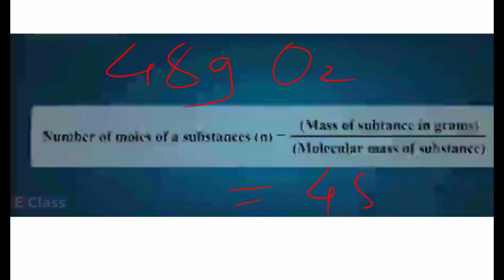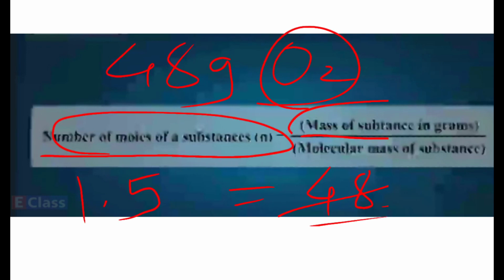We write 48, because that is the mass of the substance in grams, divided by the molecular mass. Now what is the molecular mass of oxygen? Just now we have seen in the previous slide, it is 32. So 48 upon 32, 16 threes are 48, 16 twos are 32, so 3 upon 2. 3 upon 2 is nothing but 1.5. So what is the answer? The number of moles of the substance is 1.5. Followed? So this is how we take it.